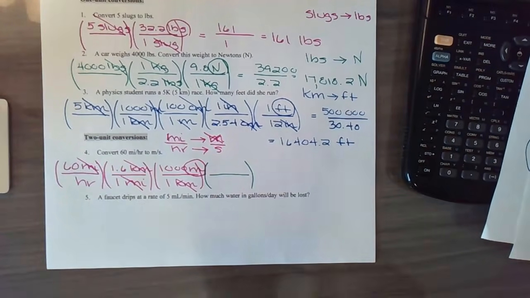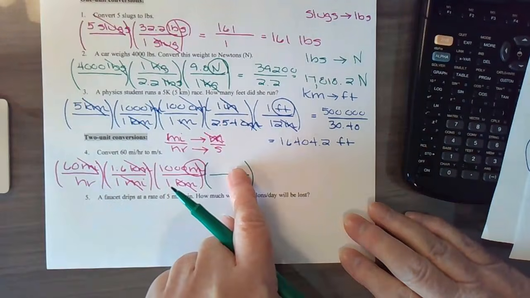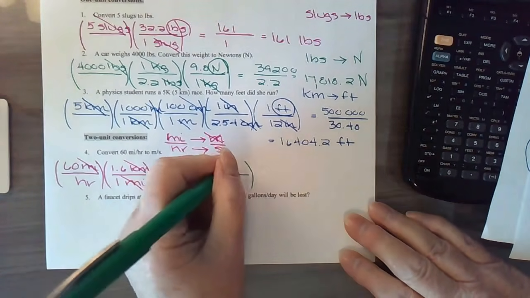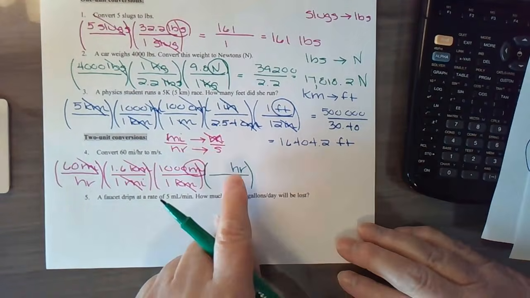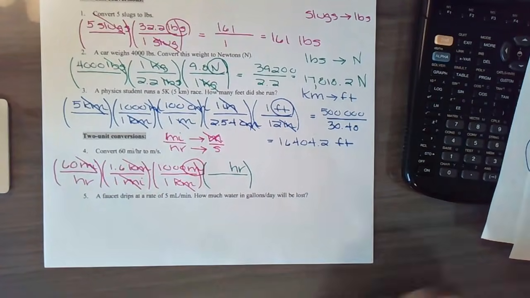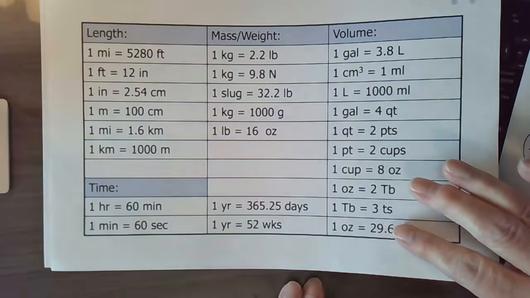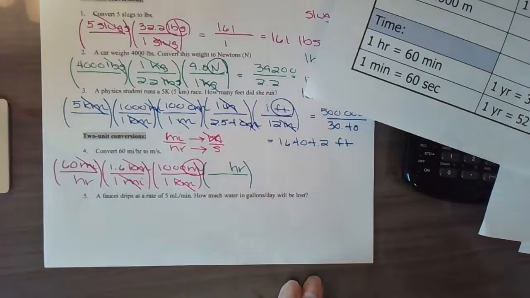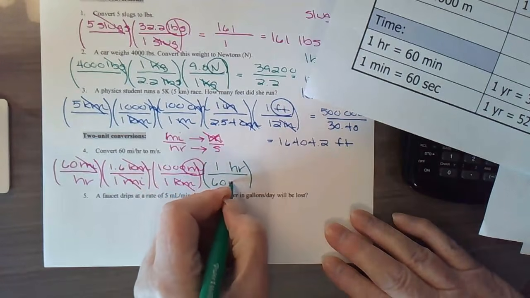No matter what I do, I know that the hour has to be on top so that I can cancel them. So I'm going to put hour. What do I know that could help me get to seconds? Well, you can look at the times, but I think you already know all of these. How about this? 1 hour is 60 minutes.